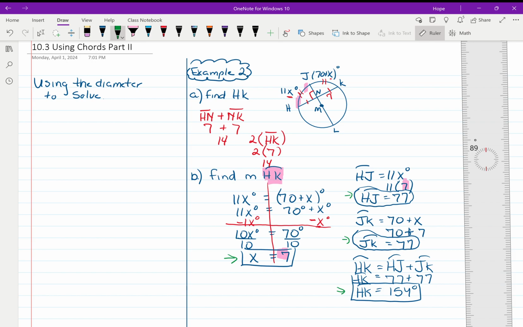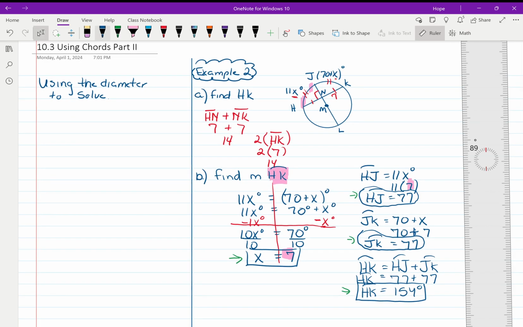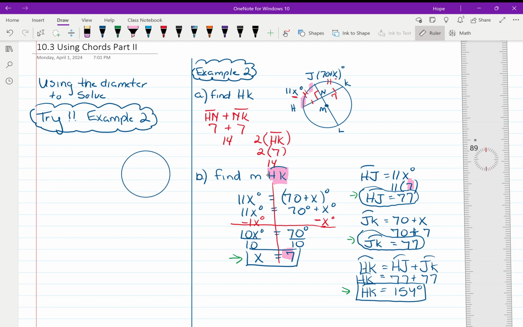All right, so I'm actually going to put your try it on this side, and you're going to do a try it for example 2. For your try it for example 2, we're going to draw a shape and then label some things in there.